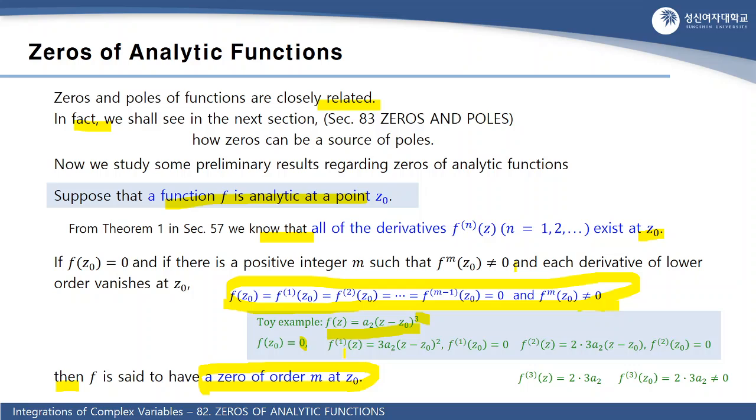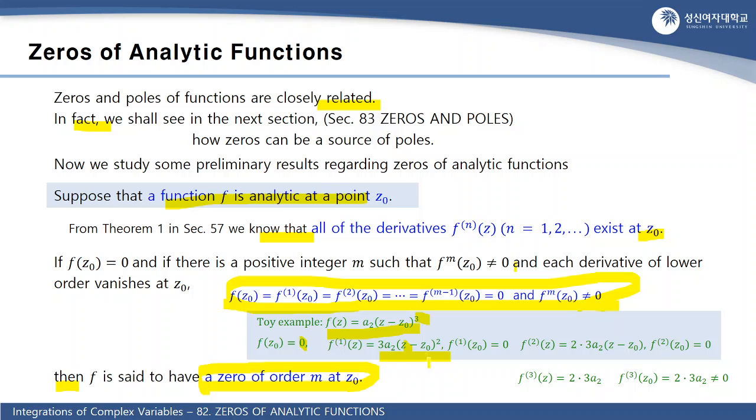And then we compute the first derivative of f at z, using quite a basic derivative method. Then f prime of z0 is 0.